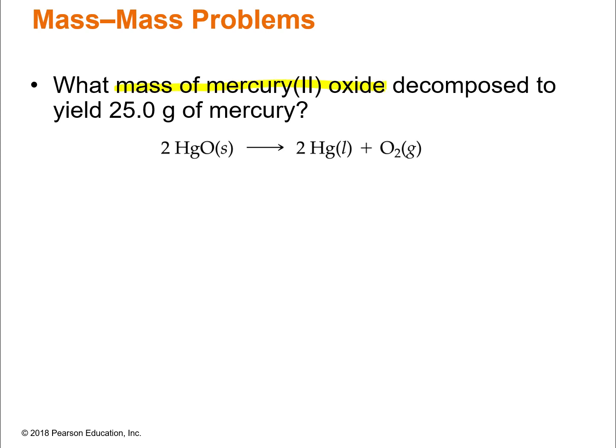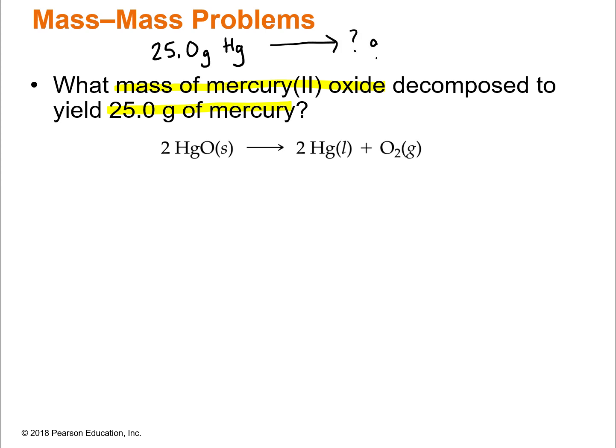What mass of mercury 2 oxide decomposed to yield 25 grams of mercury? This time we're starting with mercury.